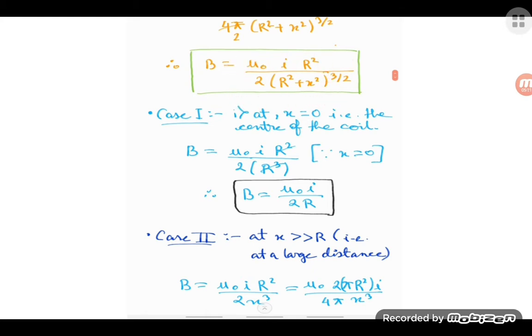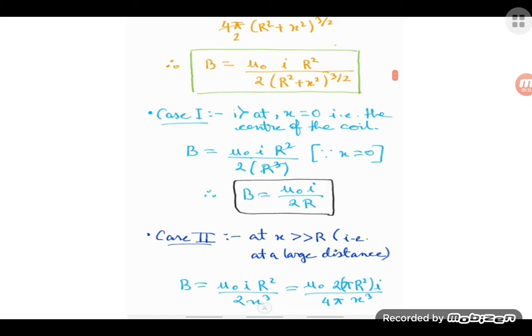Now there come two cases. Case 1 is at x equal to 0, that is the center of the coil. At the center of the coil, B is mu naught I r square upon, in case of x we are writing x cube. Why?